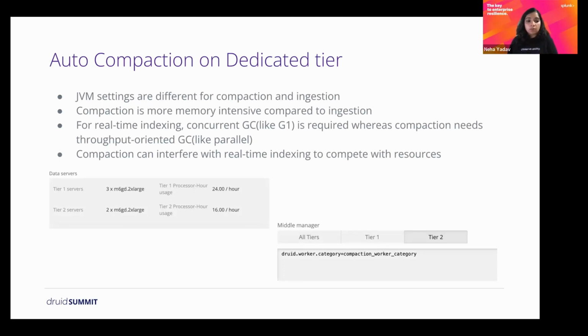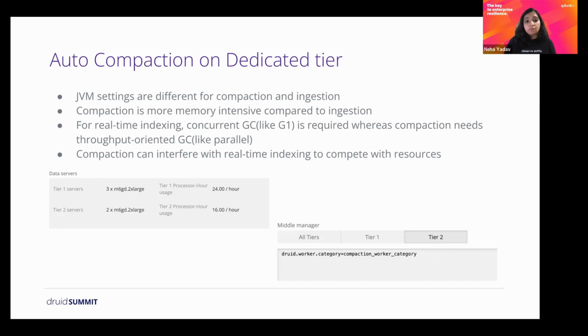If you remember, I mentioned that the compaction task started failing on the merge phase with an OOM exception, and we were worried about tuning JVM configs and hampering real-time indexing tasks. What we hope to accomplish from running auto compaction on a dedicated tier is being able to tune JVM settings independently without worrying about interfering with what peons are doing, what happens to ingestion tasks, and making sure that compaction is not competing with ingestion at all.